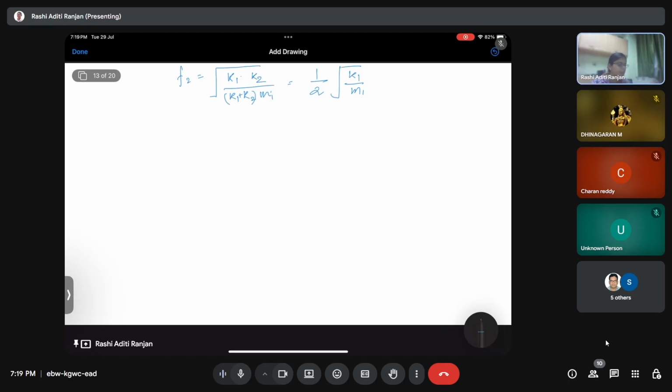K1 will get cancelled with K1, M1 will get cancelled with M1. So squaring on both sides, 4 times K2 is equal to K1 plus K2. 3K2 is equal to K1, which implies K2 is equal to K1 by 3.